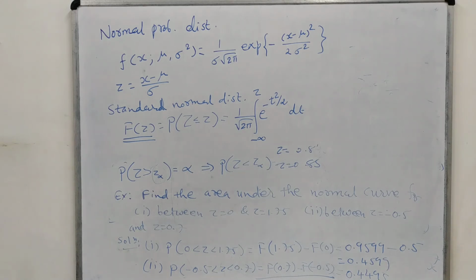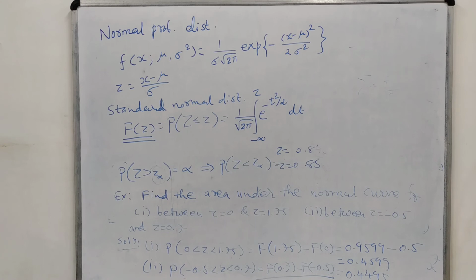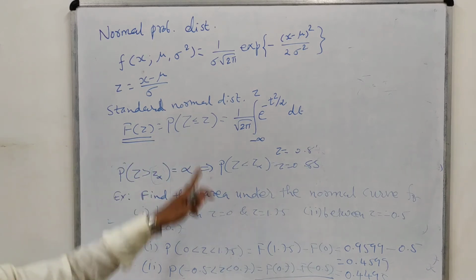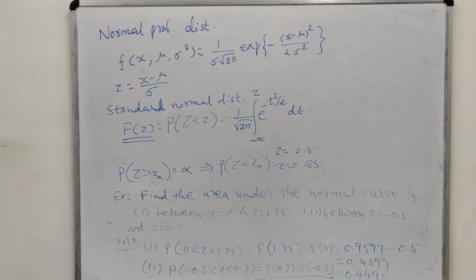So you can find the values between any two values. My attempt here was to show you how to use the table. One more thing I would say: the table is for the standard normal distribution, for the values of z. For the values of x, you cannot use the table directly.